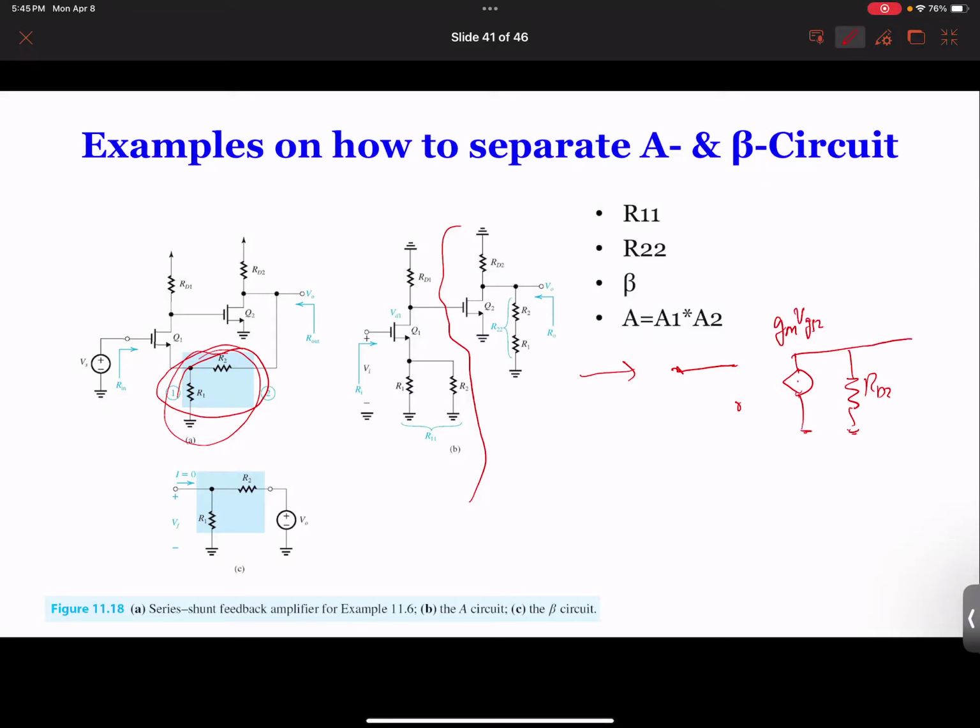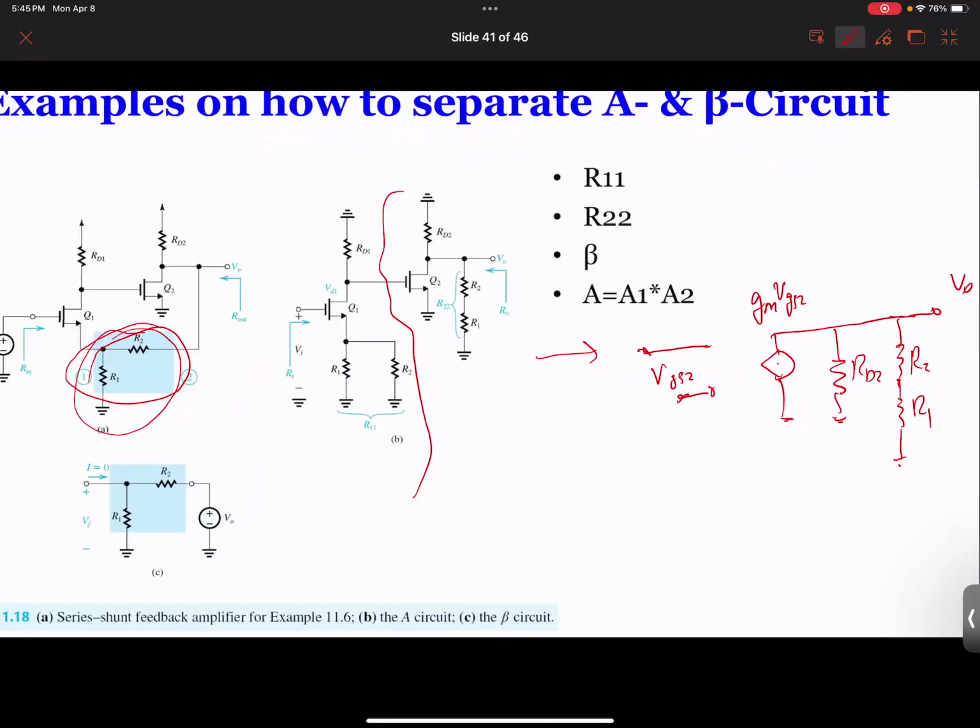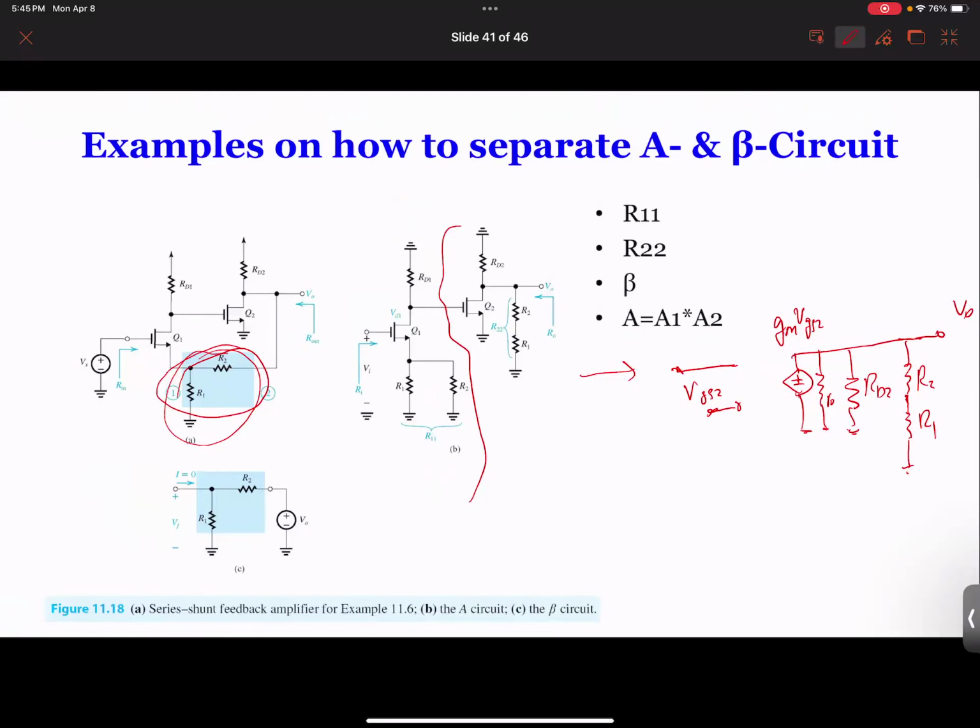And then at the output here, you have two resistances, which are R2 and R1 in series, and you have your VO. So this is your VGS2. From here, if you want to add RO, you can also add an RO here too. So you can easily get the gain of your second circuit.